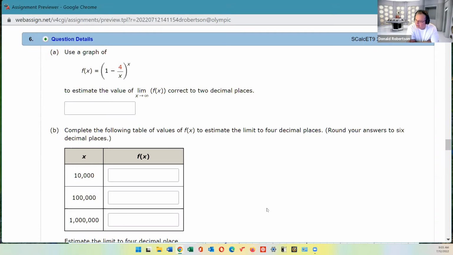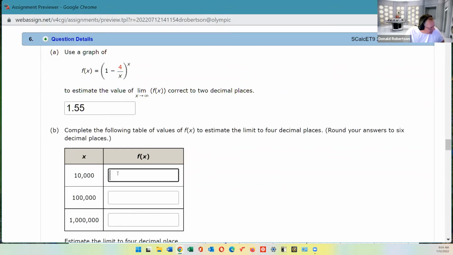You agree it's quite hard. So since I don't know what the answer is, well, I do, but I'll pretend I don't, I'm going to say 1.5 because I feel like it, because there's no way in the world WebAssign should put you wrong with that. I guess I should put 2 decimal places in.